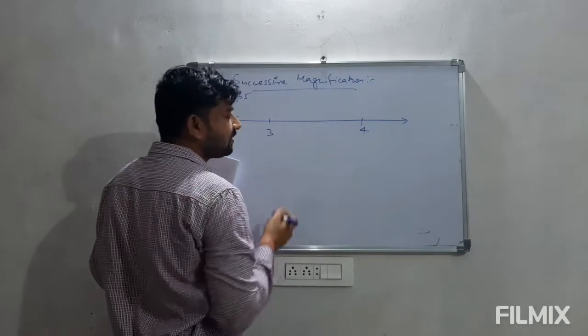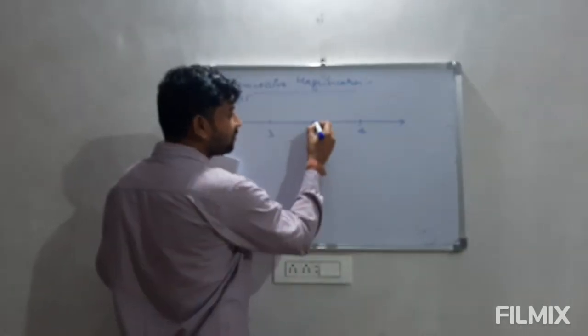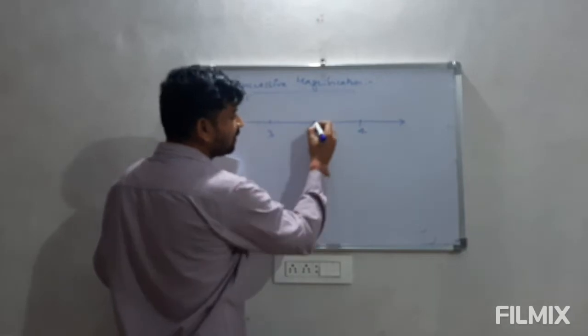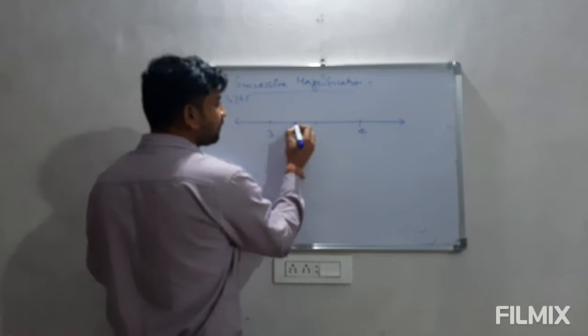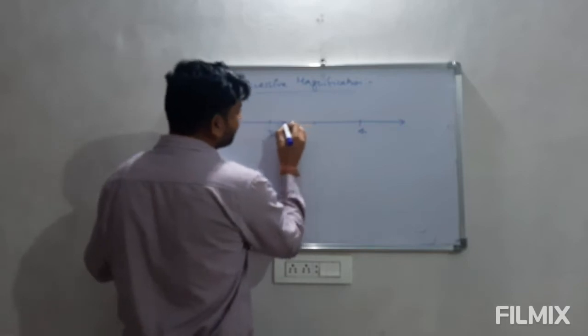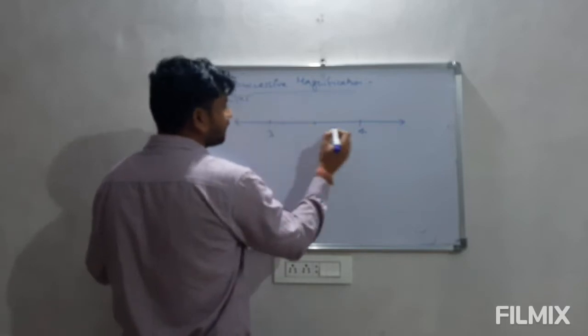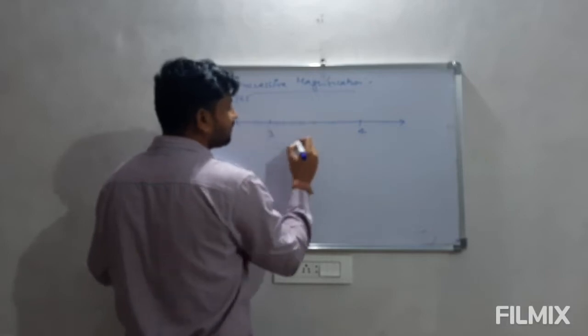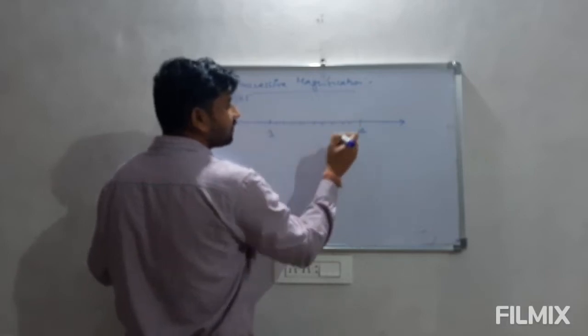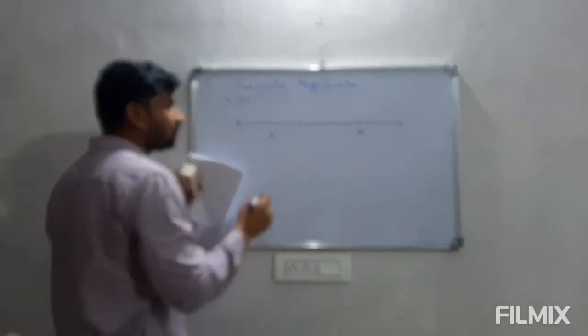So we have to divide it in 10 parts. So let us divide it in 10 parts. The middle point will be there. Now I have to divide it in 5 parts each. So we will divide in this way. This is 2 and this is 3 parts. This is 2 and this is 3 parts. So total 10 parts are there.